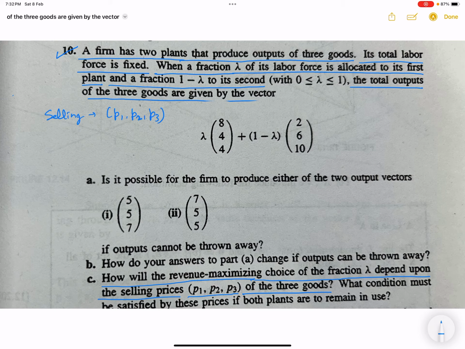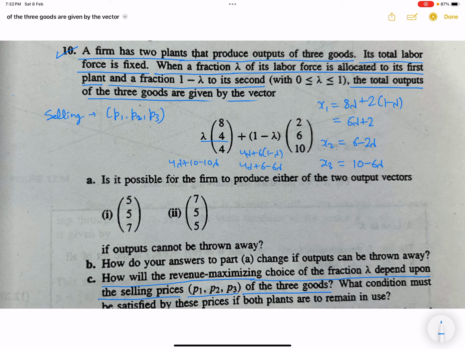Now, of the three goods, x1 was 8 lambda plus 2 times 1 minus lambda, which is 6 lambda plus 2. x2 was 4 lambda plus 6 into 1 minus lambda, 4 lambda plus 6 minus 6 lambda, which is 6 minus 2 lambda, and x3 was 4 lambda plus 10 minus 10 lambda, which is 10 minus 6 lambda.